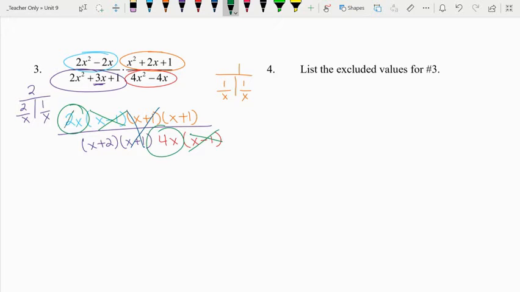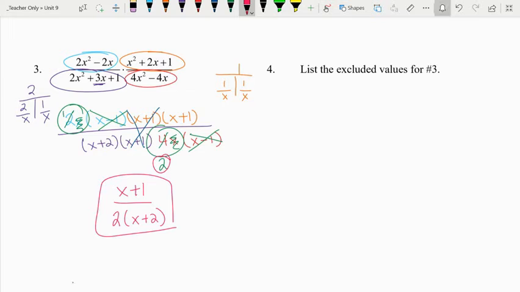The 2 would become a 1, the 4 would become a 2, and the x's would cancel because x divided by x is 1. So now we can just rewrite it as a new fraction. We have x plus 1 over 2 and x plus 2. Now, if you put that 2 second, you can, but it's definitely better to put it in front.